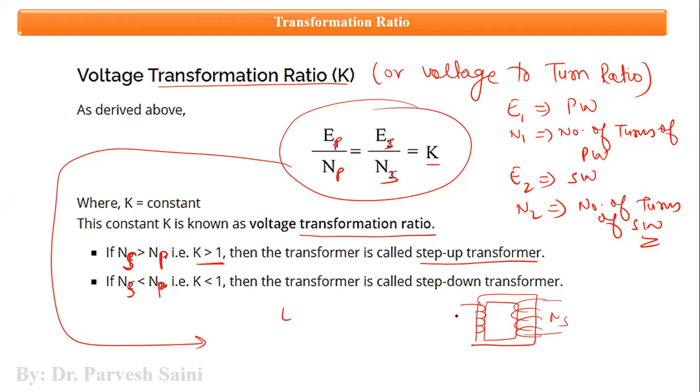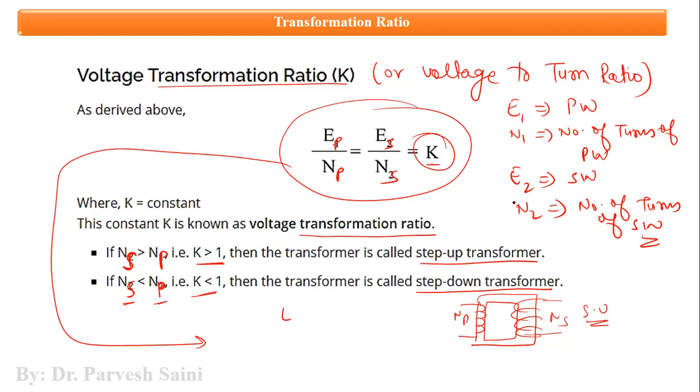So this is a step up transformer, and if the vice versa is there, that means the number of turns of the secondary winding are less than the number of turns of the primary winding, then the value of transformation ratio is less than 1. So this is what we call the step down transformer, right? So a transformation ratio gives us an indication of whether the transformer is step up or step down.